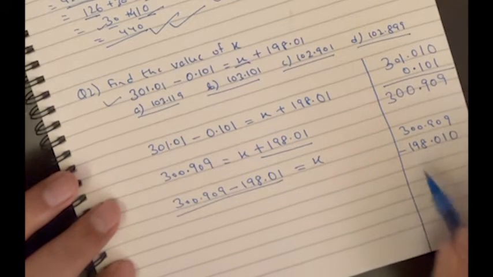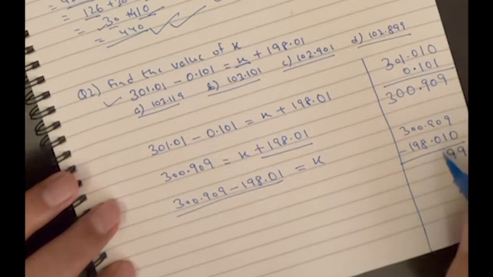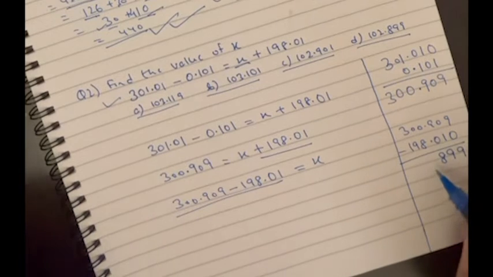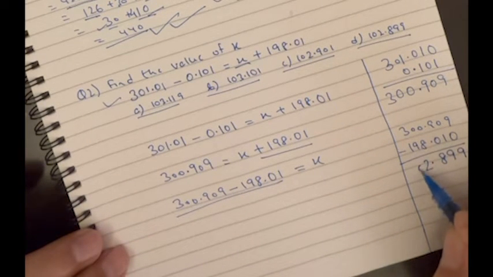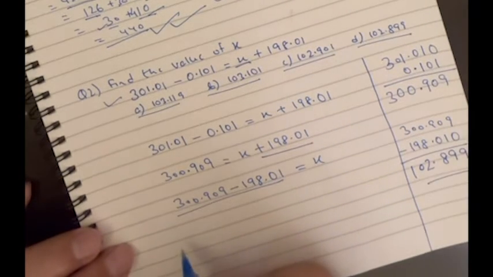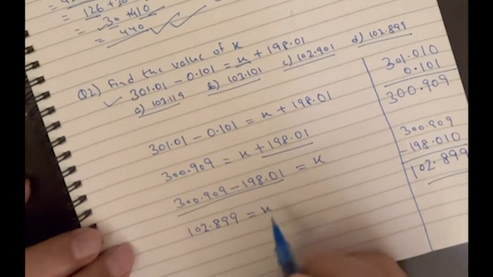Let's assume there's a 0 here. This will be 9, this will be 9, this will be 8, this will be 2, this will be 0, this will be 1. 102.899 is equal to x.